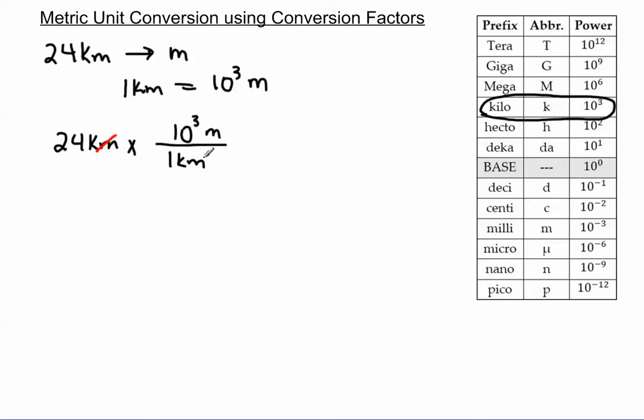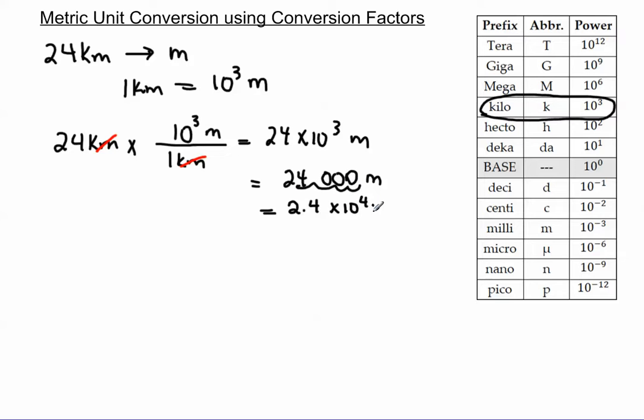Our kilometers cancel, and that gives us 24 times 10 to the 3 meters. We can write that as 24,000 meters, or in scientific notation that would be 2.4. Remember the units, the decimal moves 1, 2, 3, 4. So 2.4 times 10 to the 4 meters.